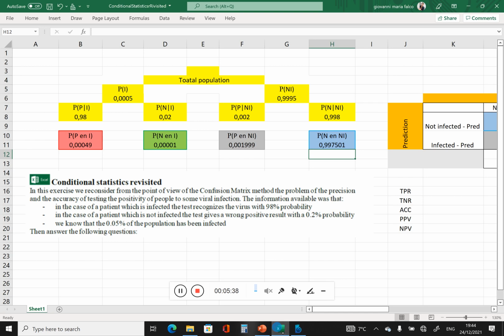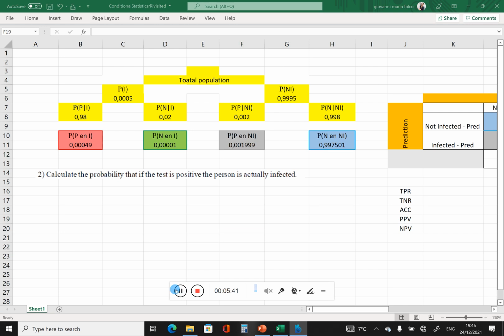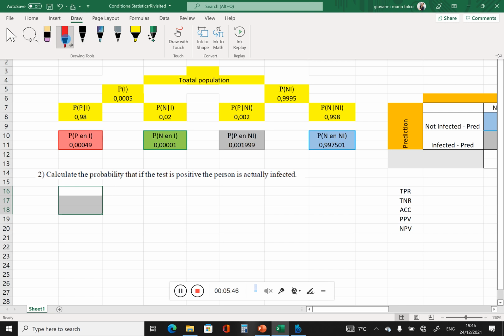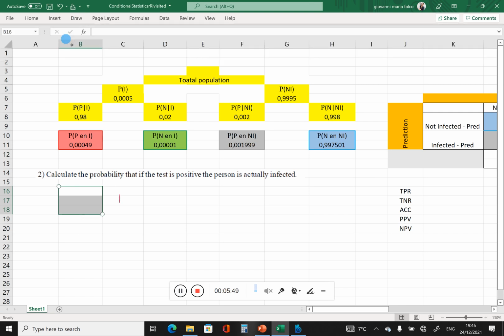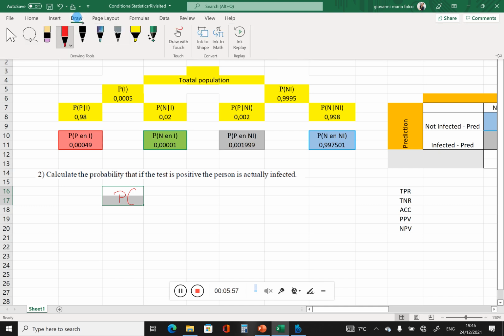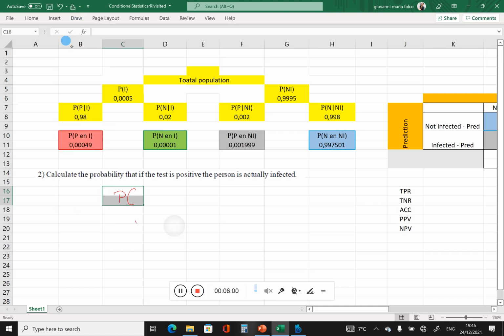So basically what is asked here is the probability that you are infected given that the test gives a positive result, and we see that it's just the other way around of this probability. So this probability is not displayed in our tree diagram.